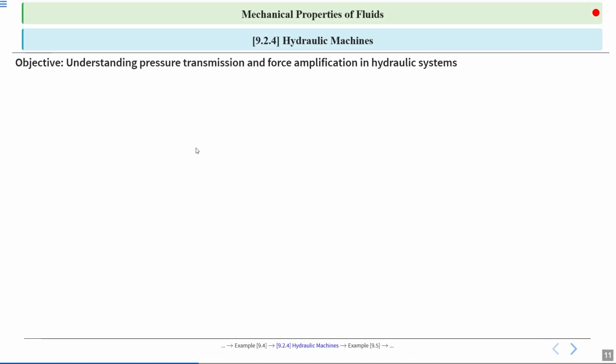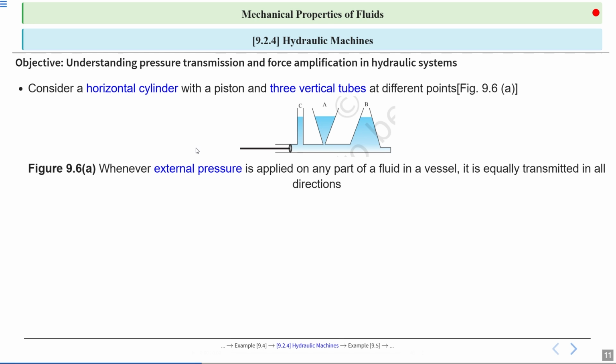Now, let's consider a horizontal cylinder with a piston and three vertical tubes at different points. So, as shown in figure 9.6a, three vertical tubes A, B, C. Alright.